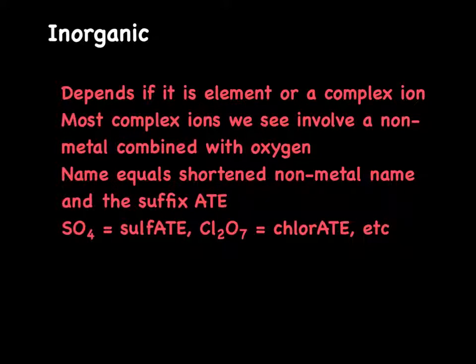A lot of the compounds we're going to strike in complex ions have oxygen, a non-metal and an oxygen. So this means we have to think very, very carefully about the name. But my suggestion to you is the name will be the name of the non-metal and have a suffix. Instead of IDE, we'll have a suffix ATE. So if I've got sulfur with oxygen, then it becomes sulfate.